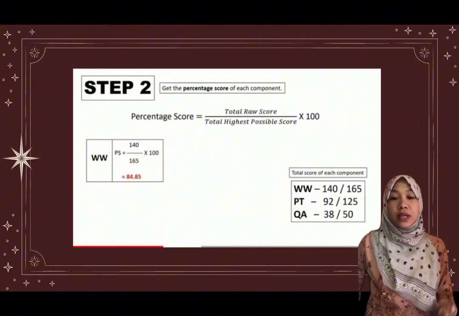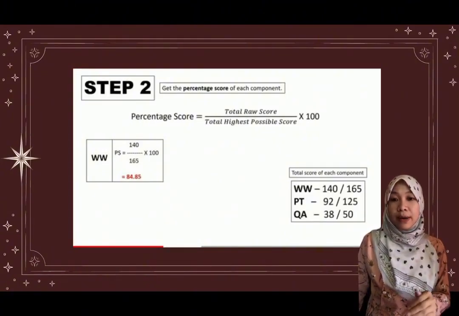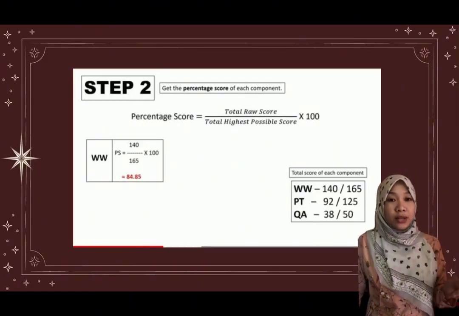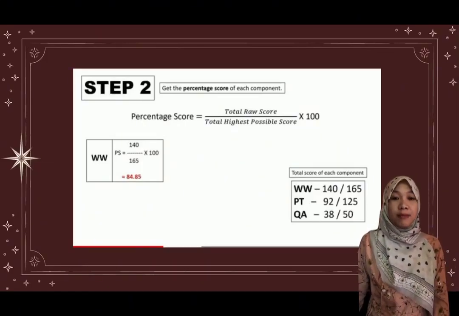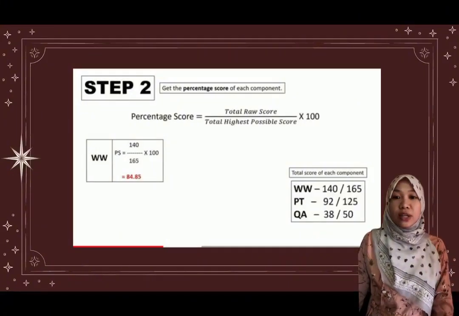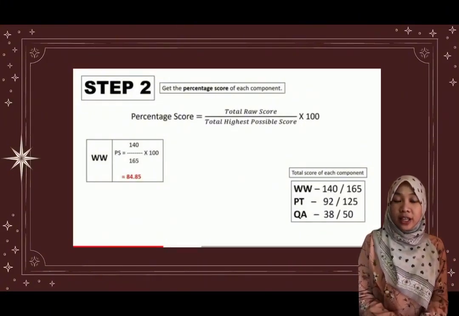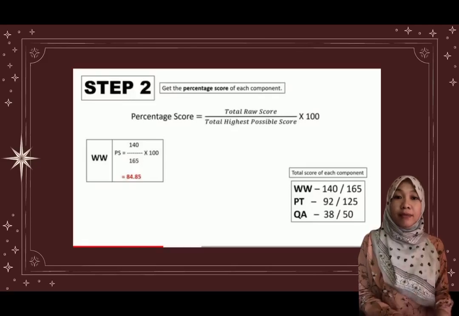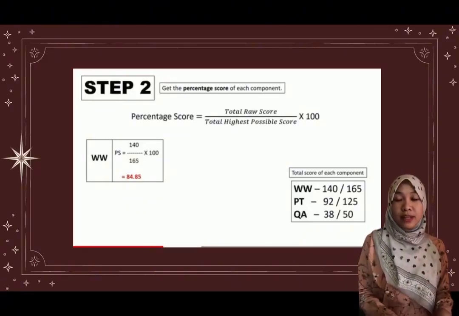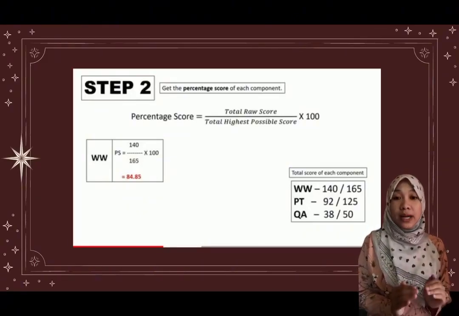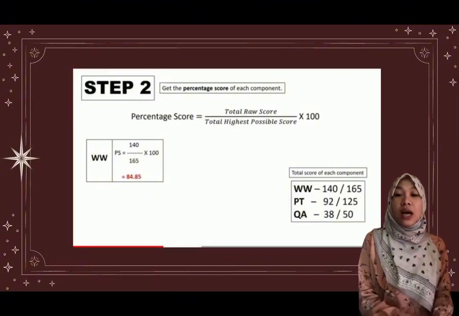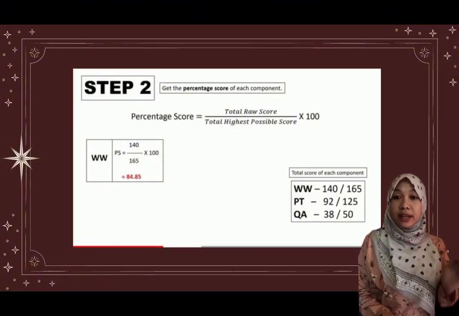Percentage score is equal to the total raw score divided by the total highest possible score, times 100. Let's have an example here. In the written work, the total raw score is 140. We divide by 165 and then multiply by 100. It is equal to 84.85.